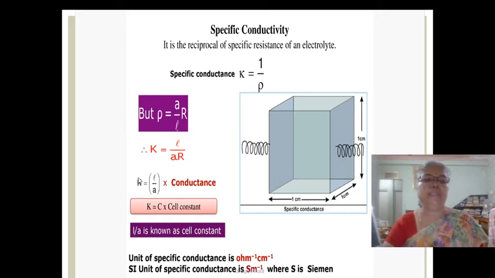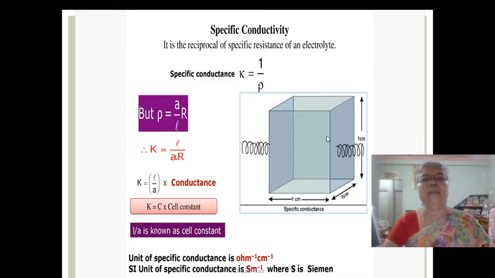Therefore, the specific conductance kappa is equal to cell constant into conductance value, and by using this equation, we can determine the specific conductivity.